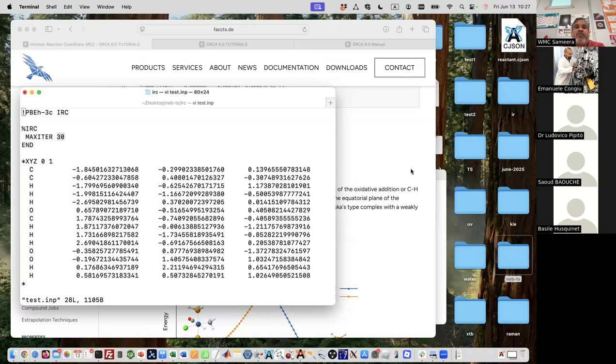Question: when defining the reactant and the product, do we have to pay attention to the initial distance of the molecule? Yes, this is a very important question. It's better to give a realistic starting point and a realistic endpoint.